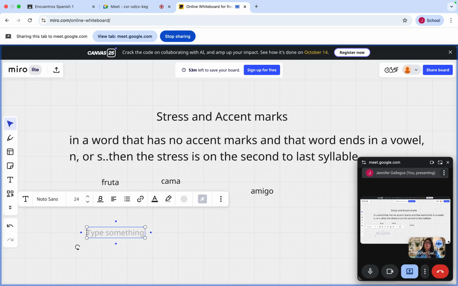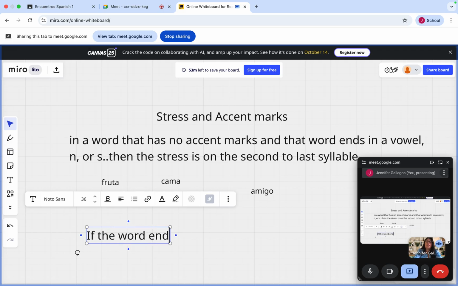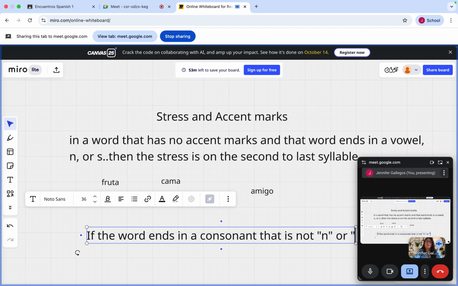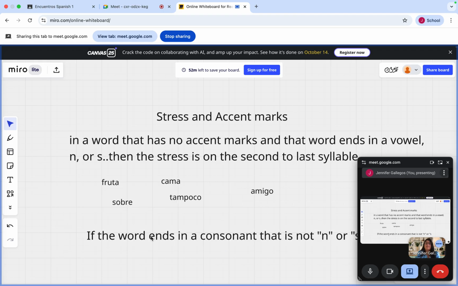Now, what if the word ends in a consonant that is not the letter N or the letter S? What happens then?